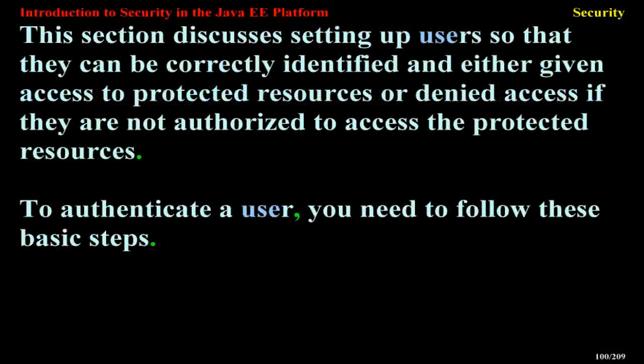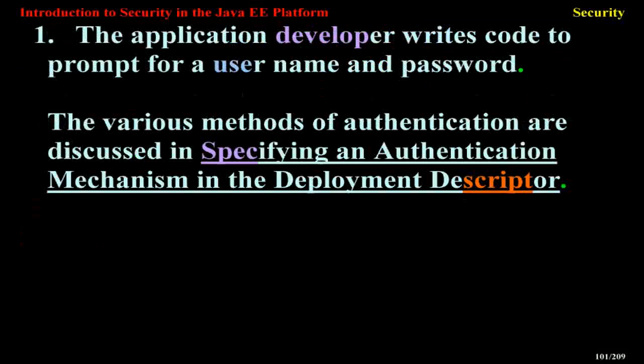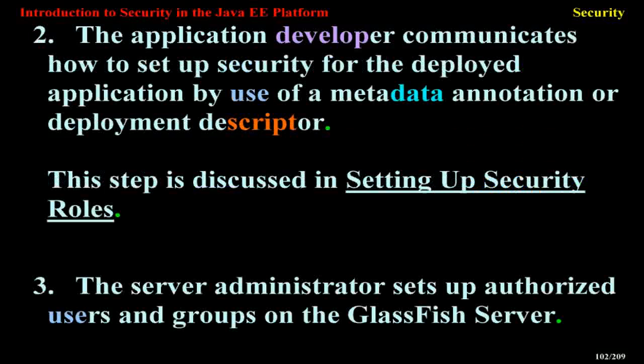To authenticate a user, you need to follow these basic steps. The application developer writes code to prompt for username and password. The various methods of authentication are discussed in Specifying an Authentication Mechanism in the Deployment Descriptor. The application developer communicates how to set up security for the deployed application by use of a metadata annotation or deployment descriptor.